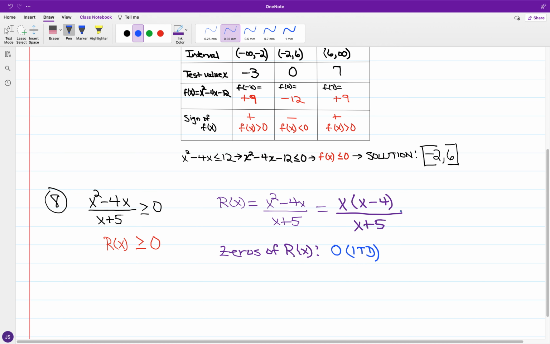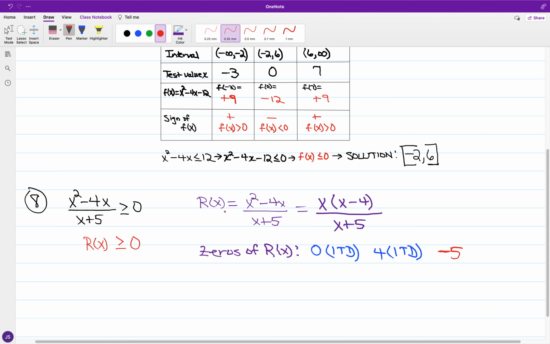From x minus 4 in the numerator, the zero is going to be 4, and this is in the domain. On the other hand, for x plus 5, if that is 0, then we have x at negative 5, and a 0 value denominator would create, instead of a 0 value for r of x, an undefined expression. So negative 5 is not in the domain.